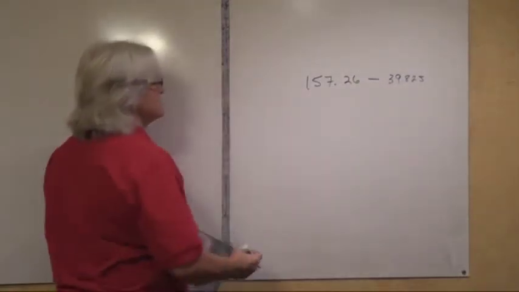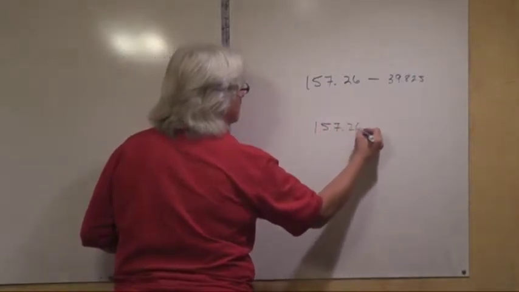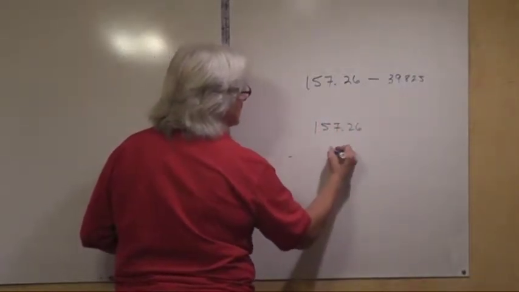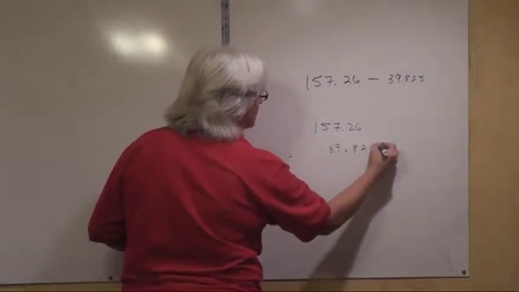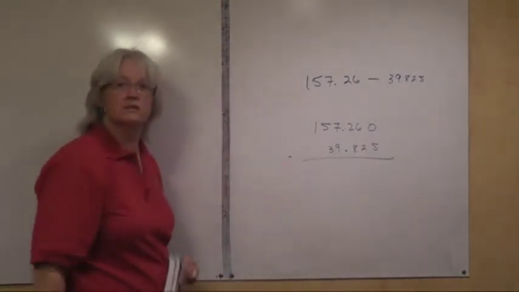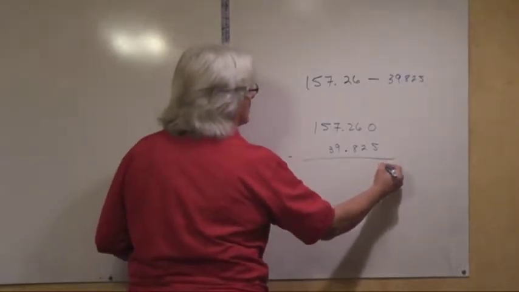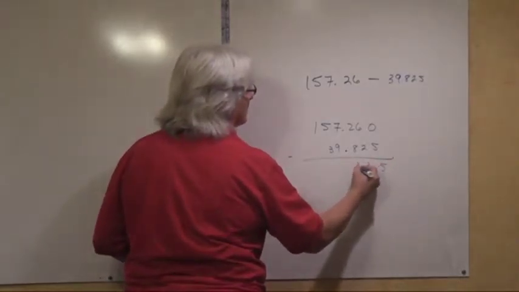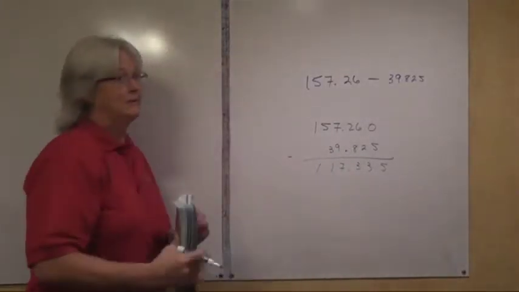We're going to subtract these two. 157.26 minus, we're going to line up the decimal points, 39.825. Add in a 0 there as a placeholder. Do your subtraction. Let me see if I even did that right.